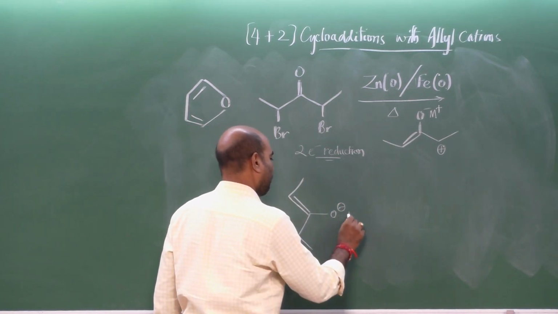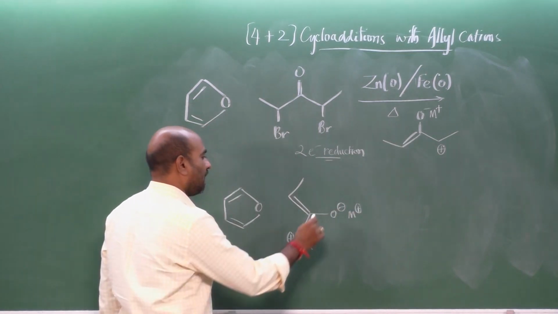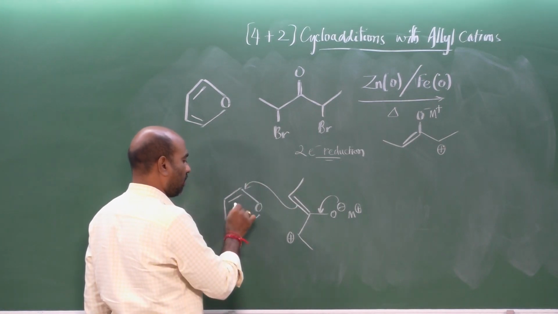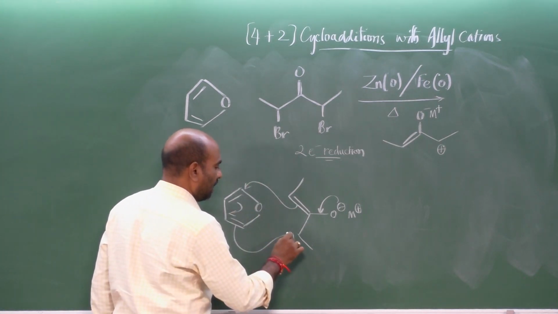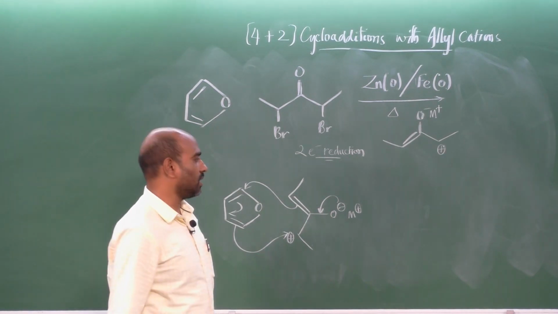So, upon reaction with this, what is happening here? This is moving here and these pi electrons are coming here and this is moving there to form 2 new sigma bonds.